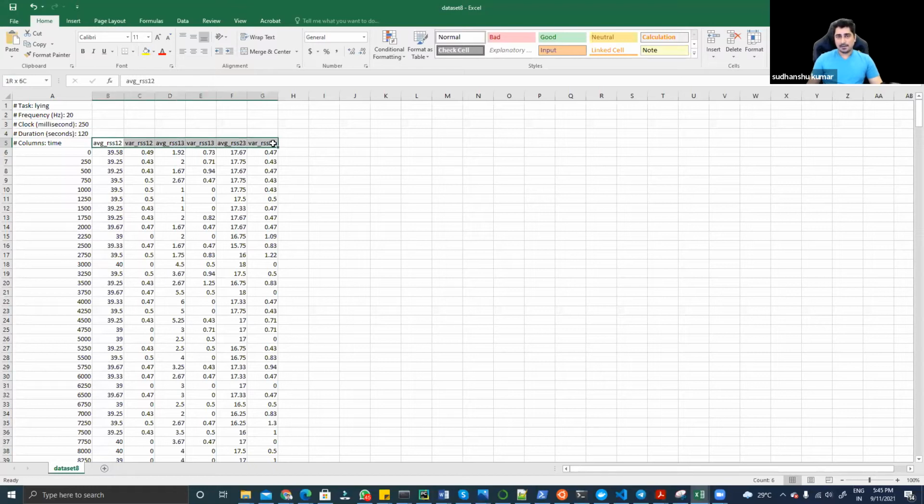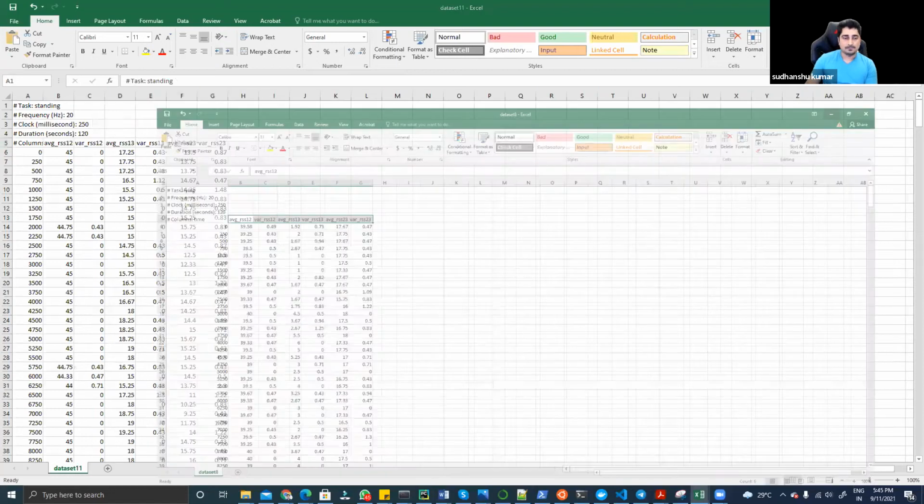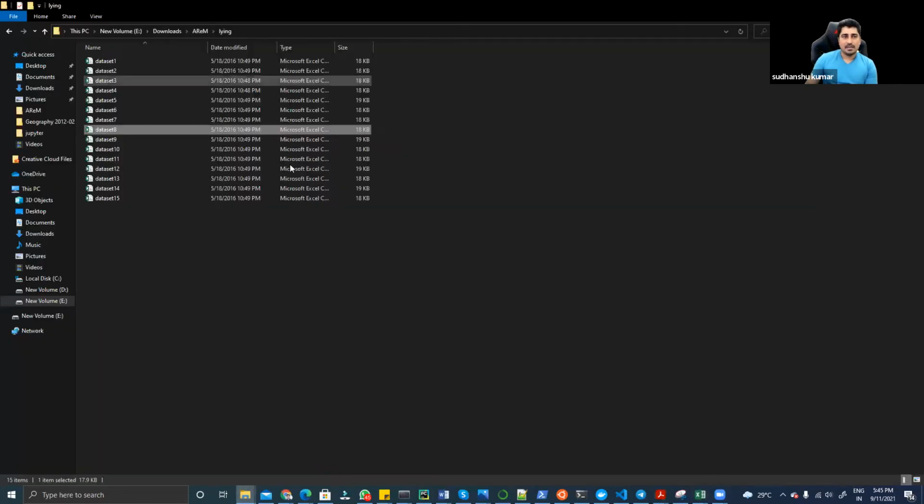So these are the metrics, or these are the parameters. Now the nature of all of this data set is the same. This is a multi-class classification problem that you will have to solve. Let's suppose I'm looking into this lying data set. So for all of this data set, what will be my class?